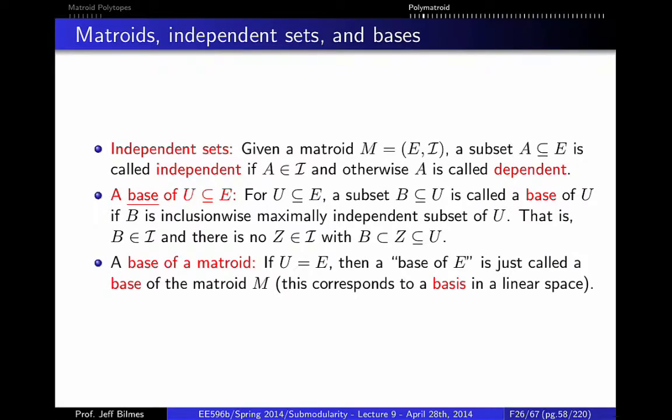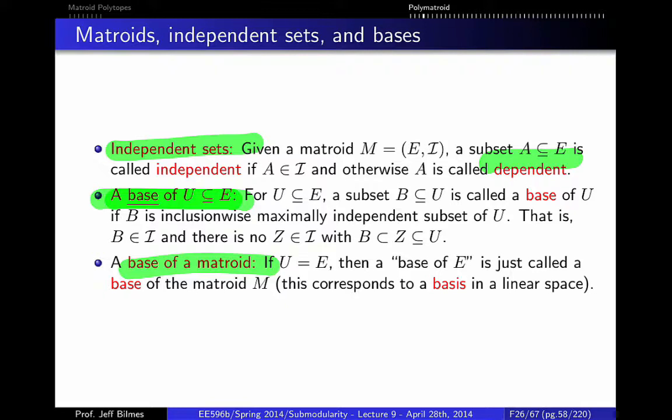Lecture 5. So remember, this is from lecture 5. So I think we know this. We know what an independent set is. We know what a dependent set is. We know what a base is, and we know what a base of a matroid is. So here we can talk about a base of U. So we can talk about a base of a matroid, which is the maximal independent set of the matroid.